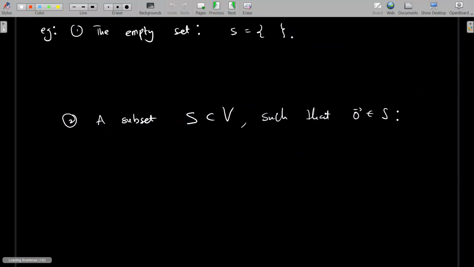Okay, now let's go to some examples that we're going to pick and go through. So the empty set, is it linearly dependent or linearly independent? Now, you are saying that you have nothing, so the empty set consists of nothing, it has no elements.